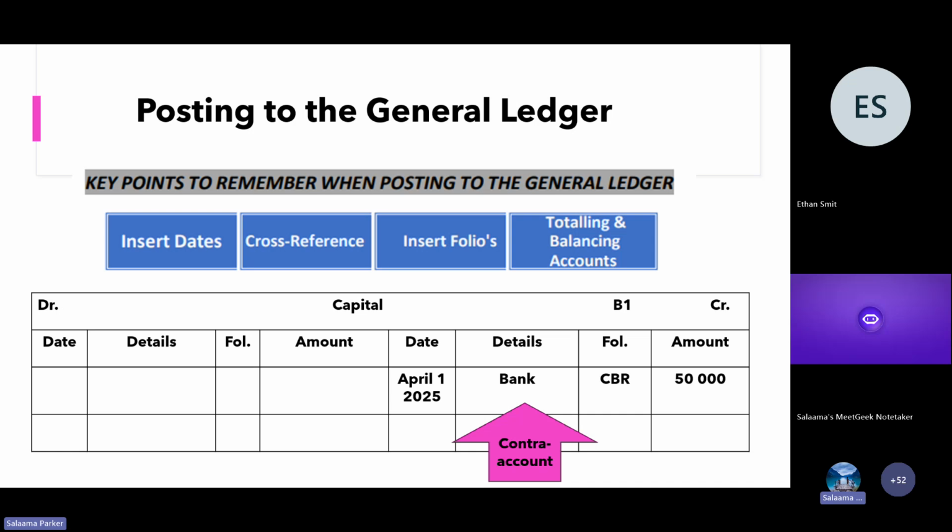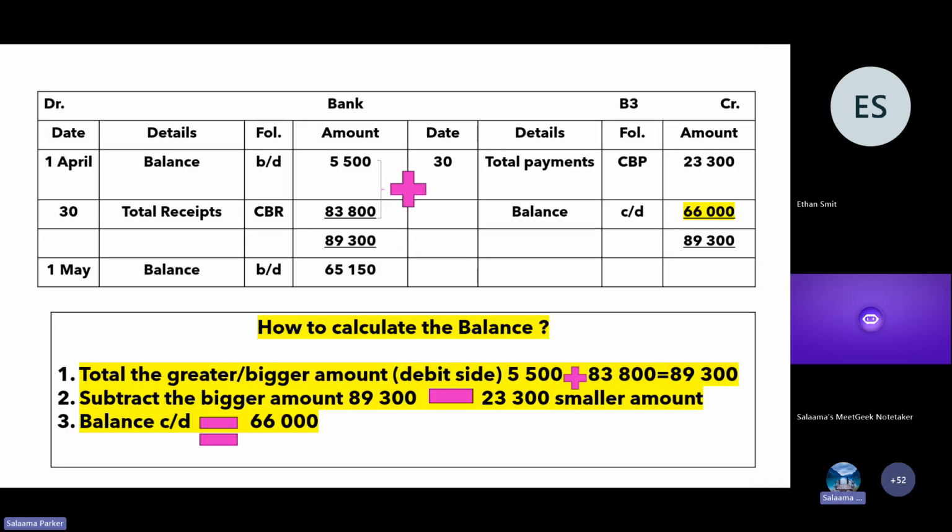It could be cash book receipts for this transaction, and then you're going to see in the next account where they wanted us to post to the bank account. If you can still remember, in the previous slide I told you that the bank balance on the account was 5,500.